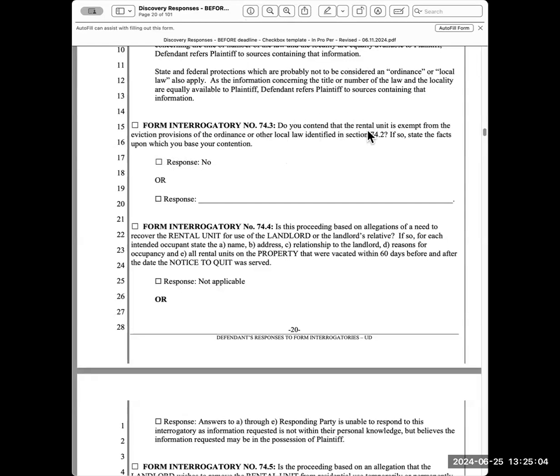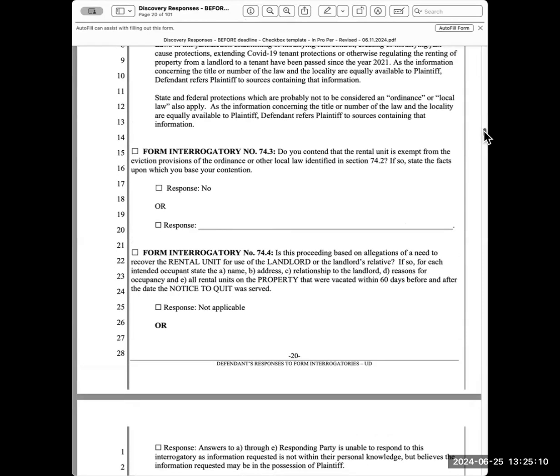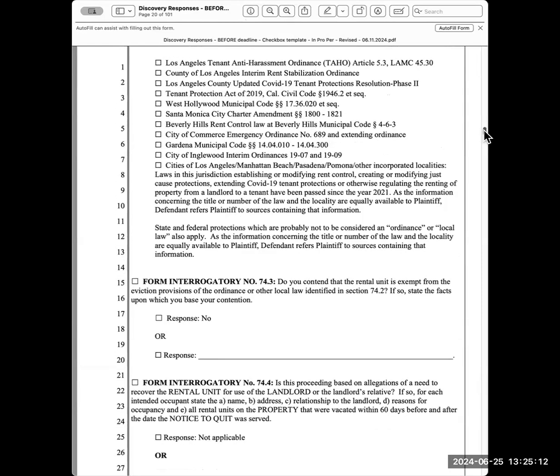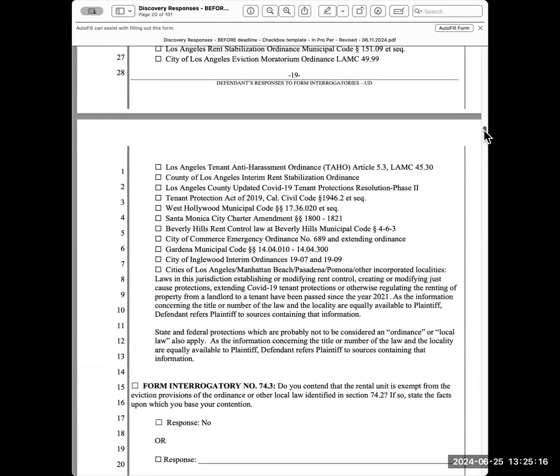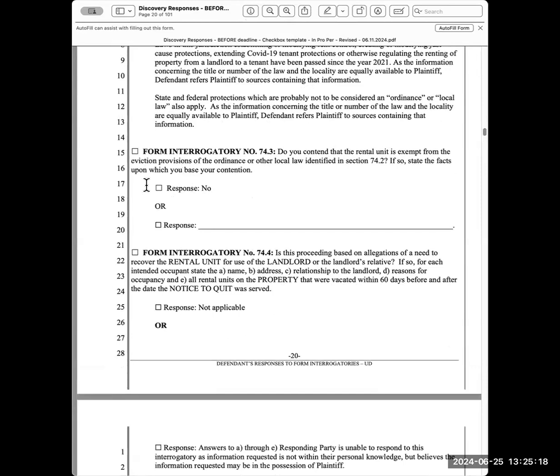Do you contend that the rental unit is exempt from the eviction provisions or the ordinance? Would you have some reason for your unit to be exempt from these? Most typically, your response is going to be no if checked.